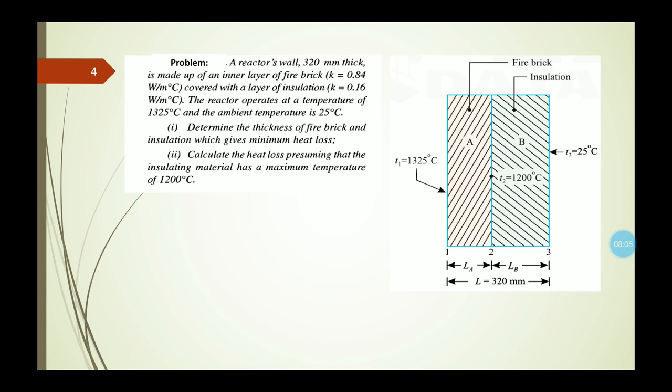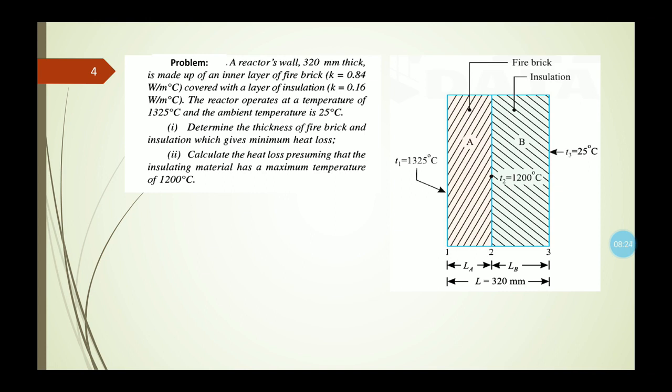Now let us discuss a numerical. This is the diagram given for the numerical. Let us read the question first. A reactor's wall 320 mm thick is made up of an inner layer of fire brick.